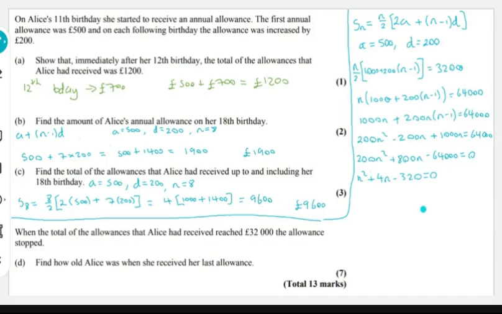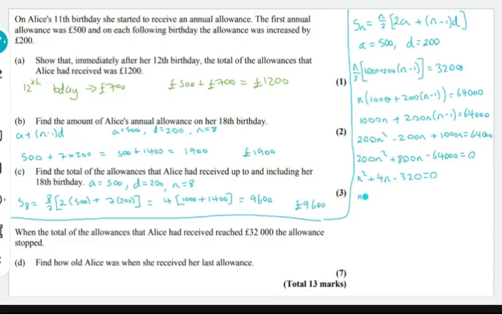That would give two values for n though, wouldn't it? It gives 16 and minus 20, or the other way around, 20 and minus 16.